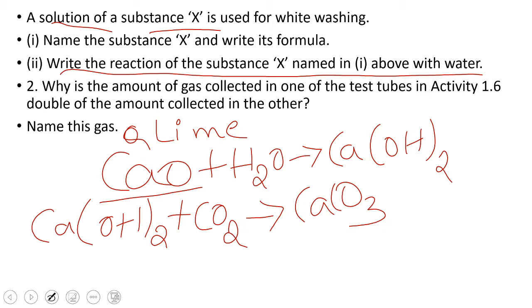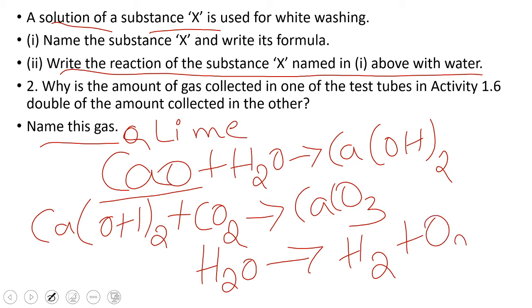We observe that the amount of gas collected in one of the test tubes is double the amount collected in the other. What is the reason, and name the gas which is present in double the amount. See, we already wrote the equation: water gives rise to hydrogen and oxygen.